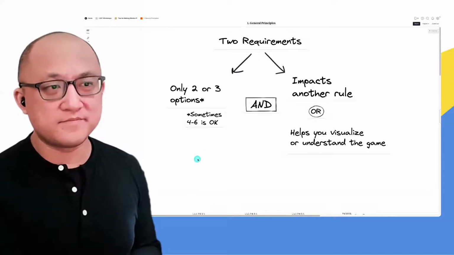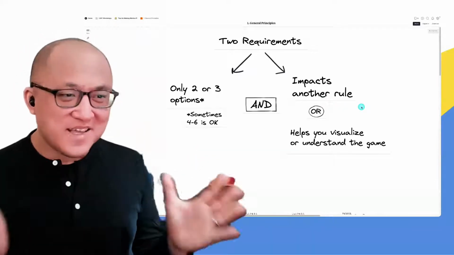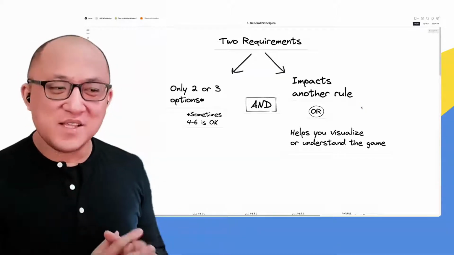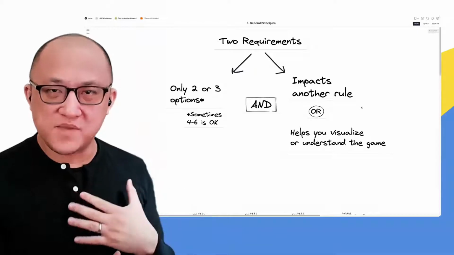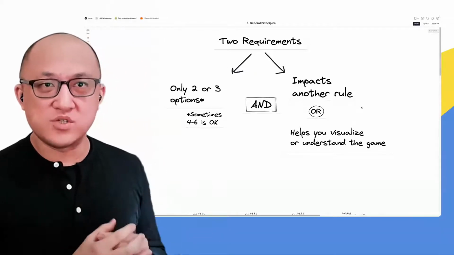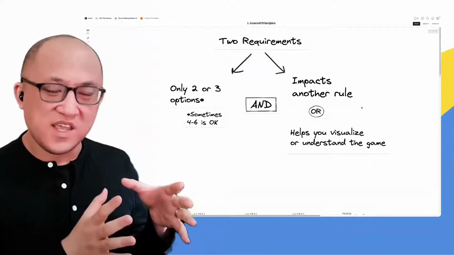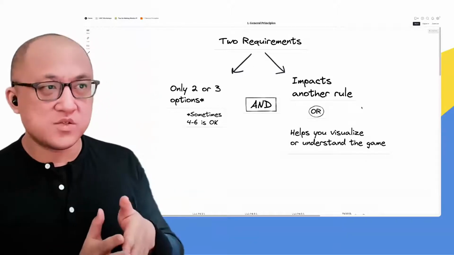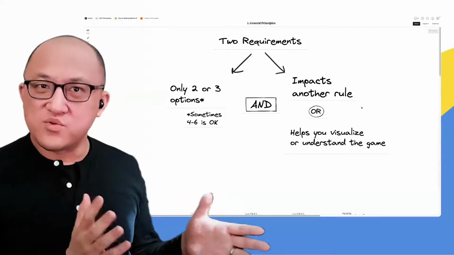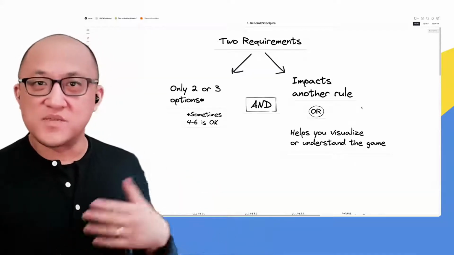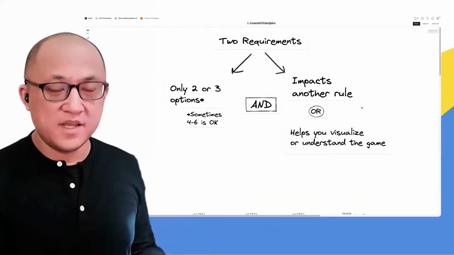Now, what does impact on another rule mean? That's where the difficult part is, I think. Impact on another rule, to me, clearly refers to when the rule you're splitting on involves a letter that's also mentioned in another rule. That is a pretty good indication that something is going to happen when you split on that rule.